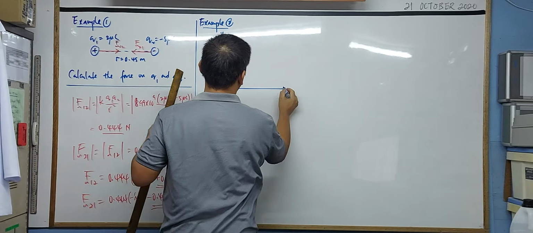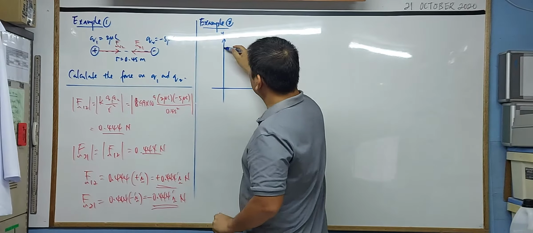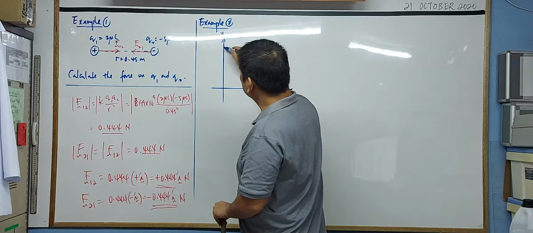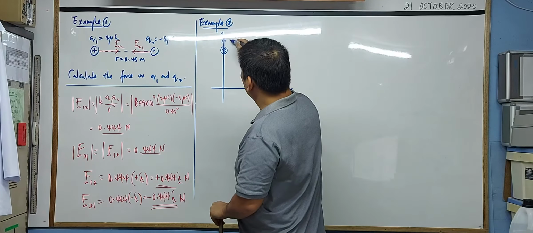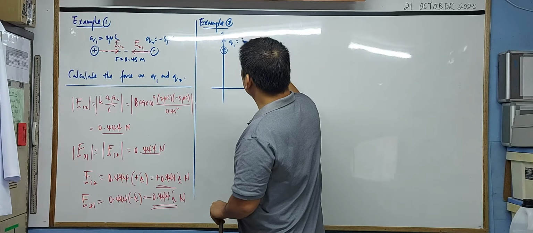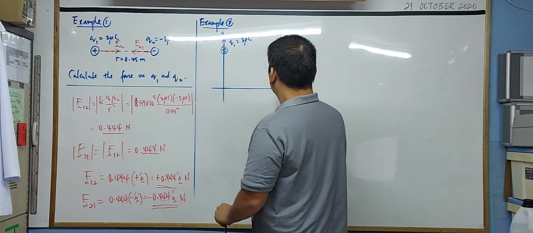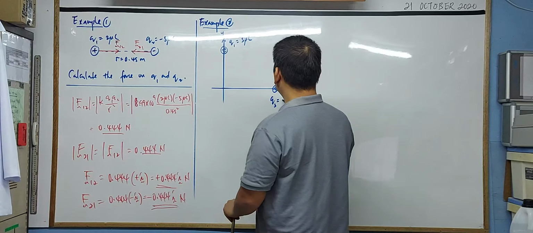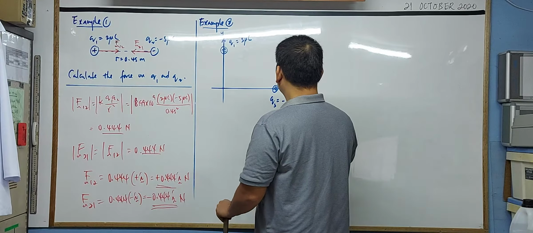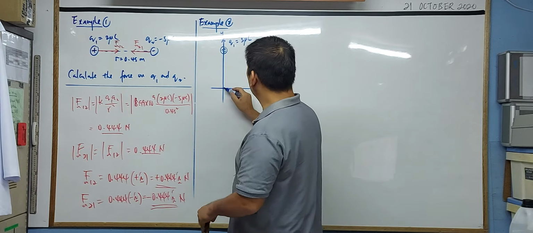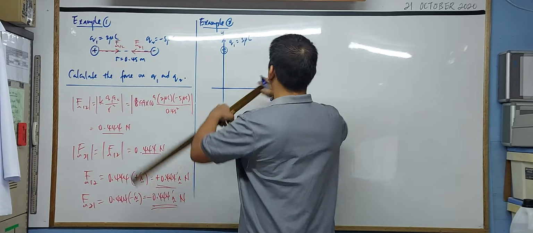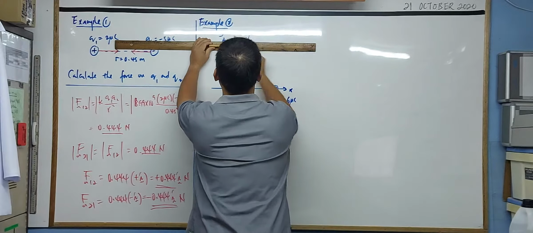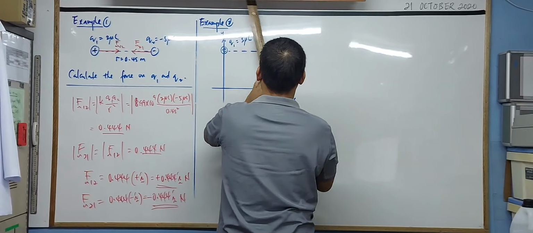This is the y-axis. This is our x-axis. So I have one charge here. I call this one Q1, which is 3 microcoulomb, and this one is Q3. Q3 is negative 6 microcoulomb. And then we have another one here at the intersection.